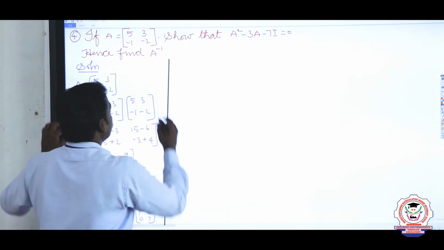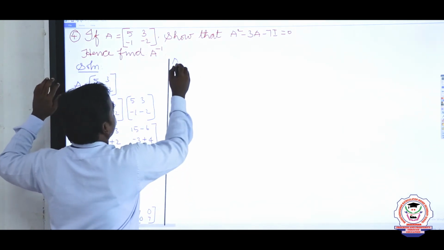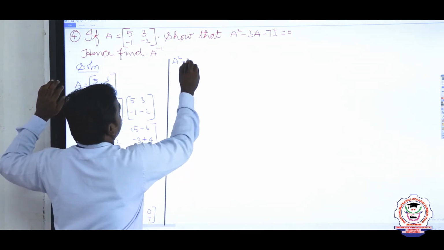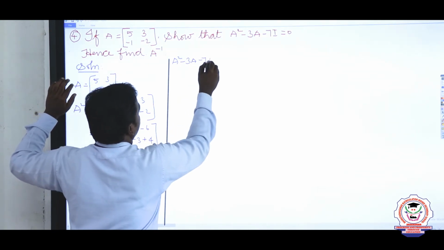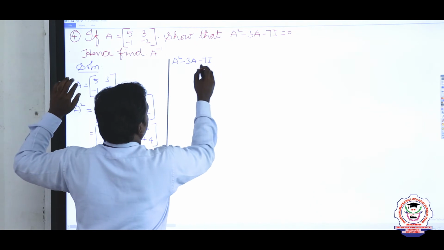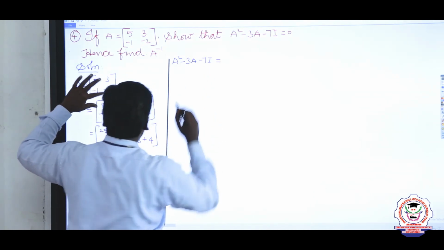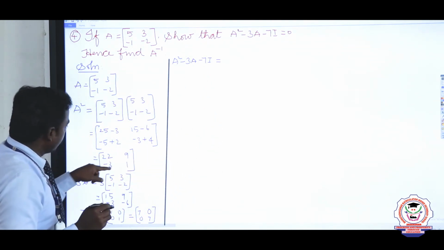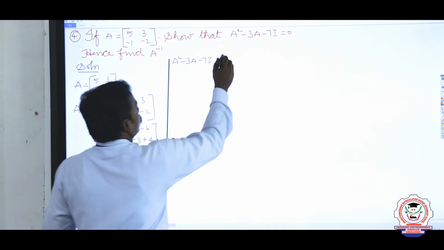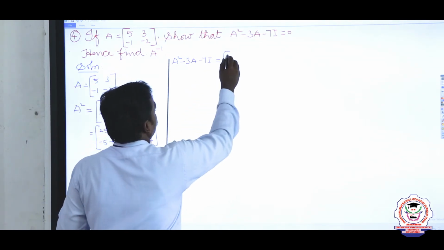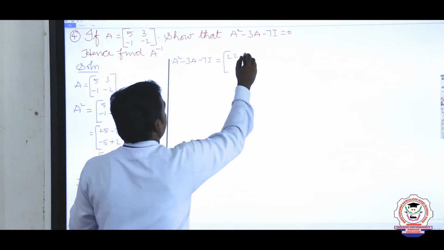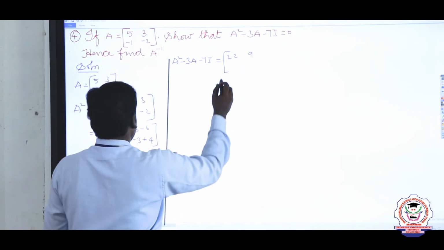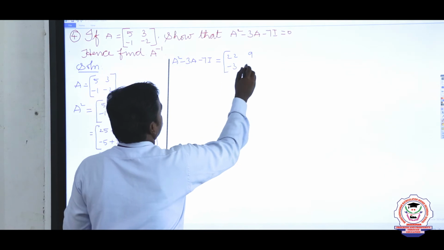From the question, A squared minus 3A minus 7I equals what? The A squared matrix is [22, 9; minus 3, 1].